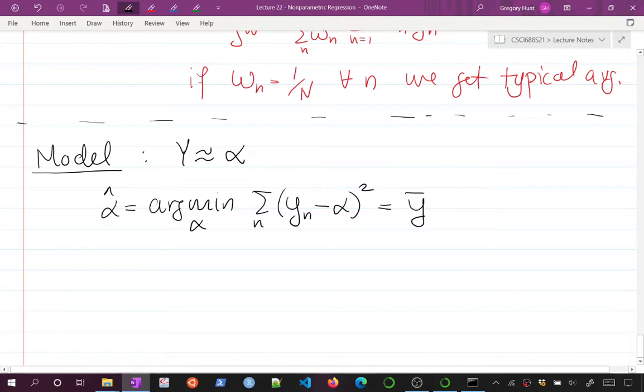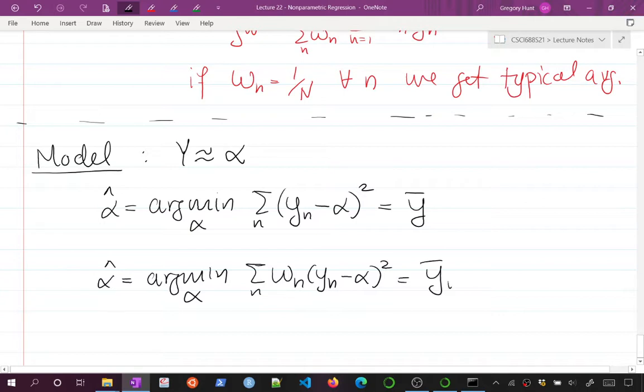If I instead, let's not even change the model, let's just say instead of minimizing just the squared difference between yn and alpha, I were to weight this loss function by my weights and fit this, maybe I want to do that for whatever reason, my answer here would be the weighted average.